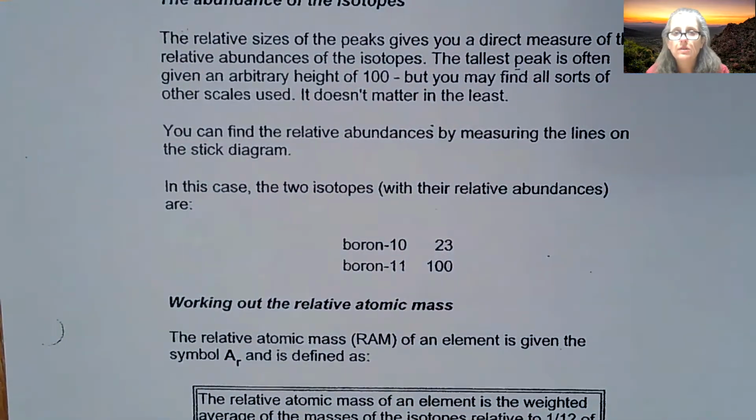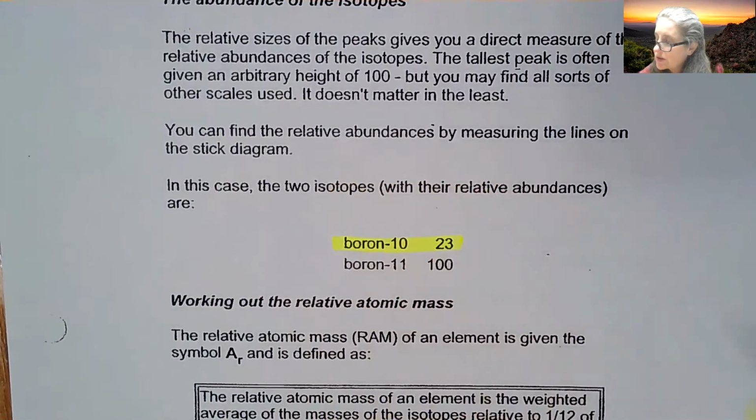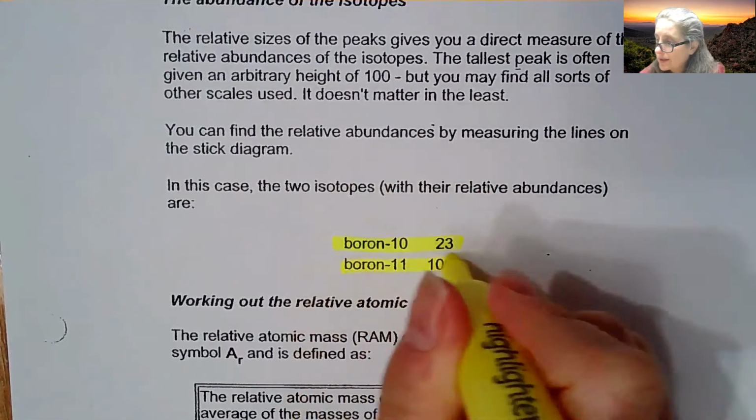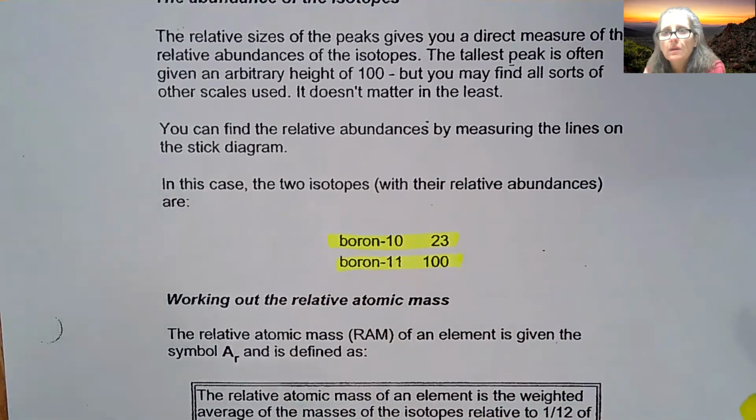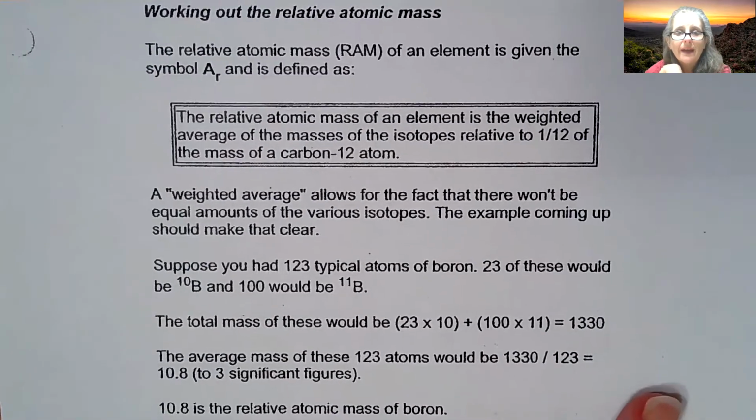You can go to the next page. The next page looks at that graph that we just saw, and we have boron-10 as the isotope. There's a relative abundance of around 23, and the boron-11 is about 100. So what the instrument does is essentially give you what we call a weighted average.